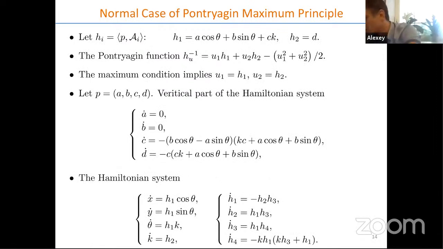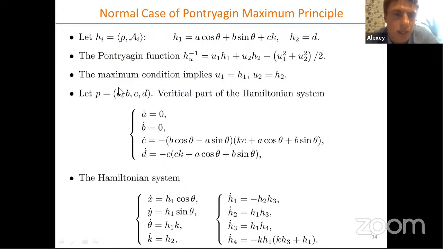Okay, then let's go to the normal case. Here we also introduce the same coordinates h_i. Then the Pontryagin function has the following form. The maximum condition implies that u1 and u2 equal h1 and h2. So this is the expression of extremal controls. Then the vertical part of the Hamiltonian system for the adjoint covector is written here.